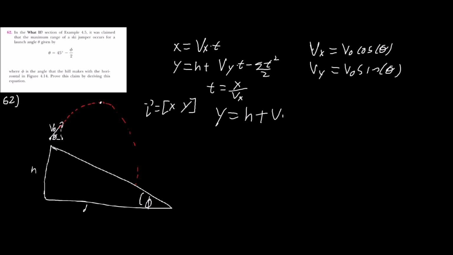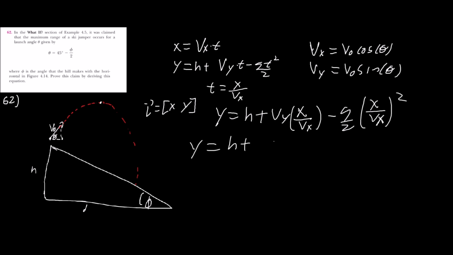So y equals h plus vy over vx times x minus g over 2 times x squared over vx squared.